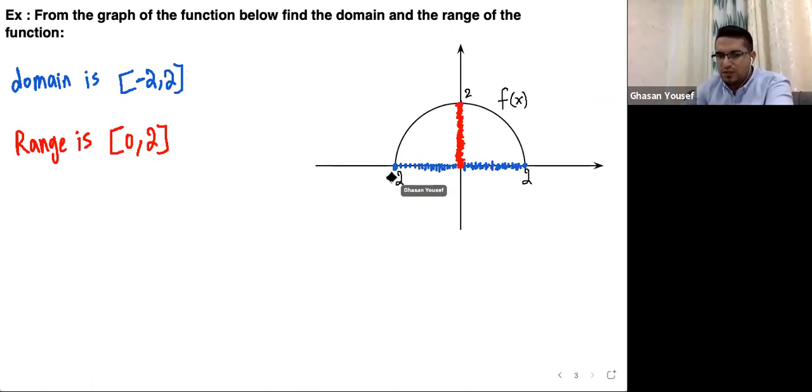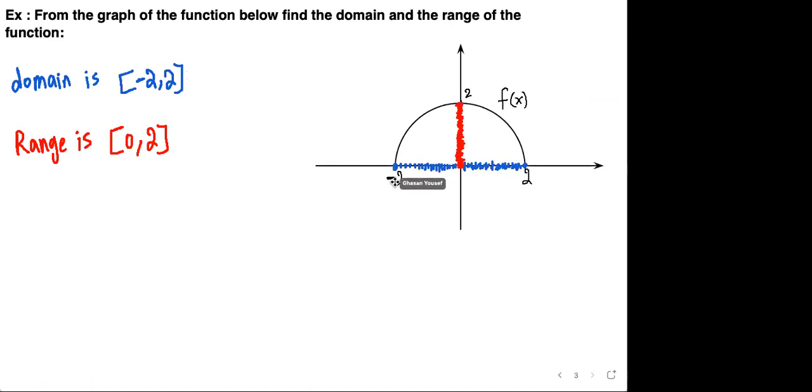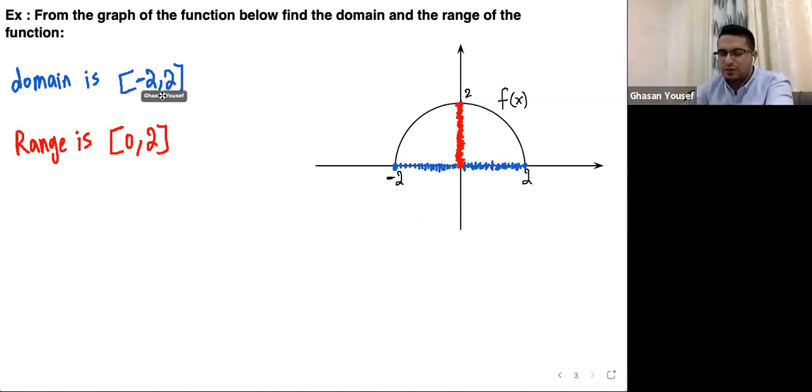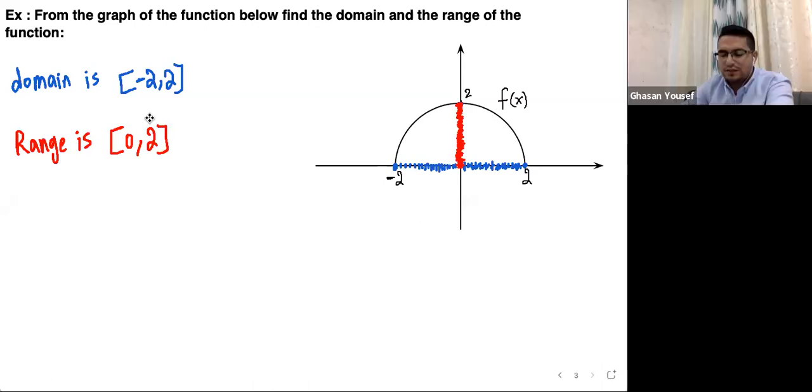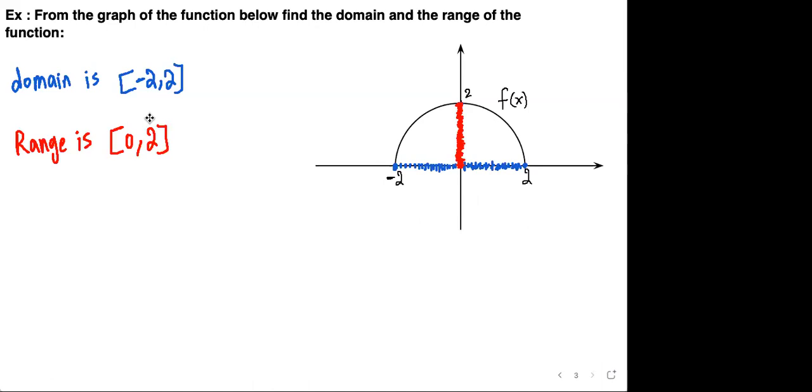At -2, what is the y value? It's 0, so we close it. This means we use it because they give me a y value. Oh, so we use the closed interval when we get a y value. Yes, and if there was no y value, it would be open. Exactly.